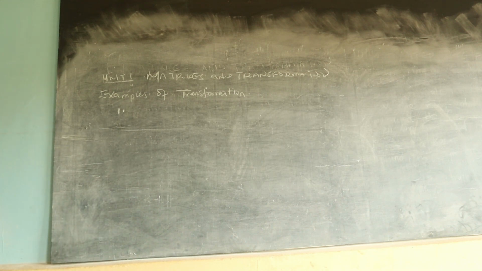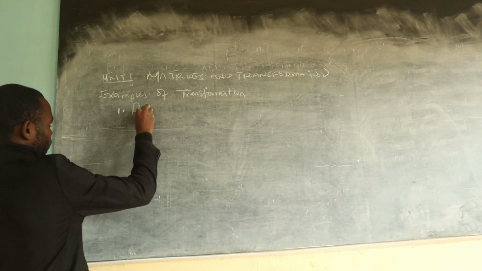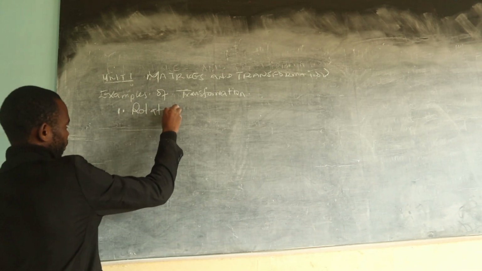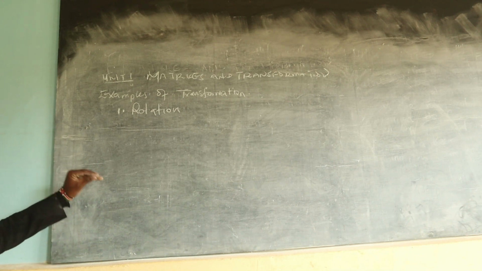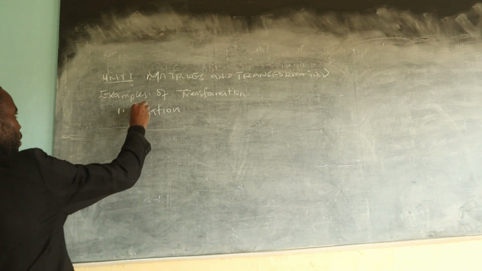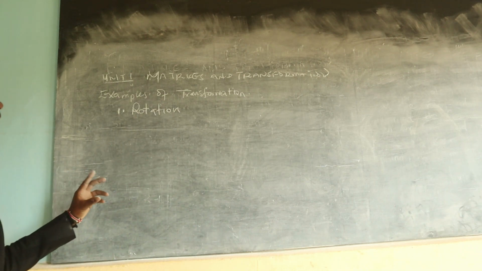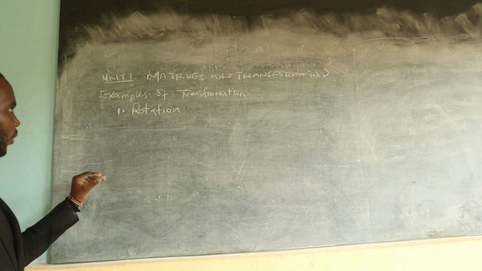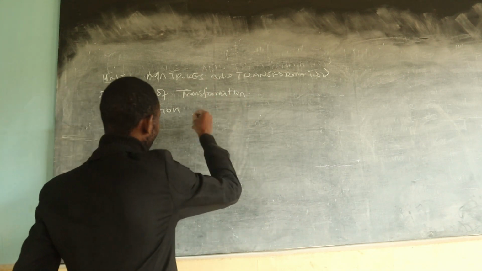Number 1, it must have gone through rotation. So if an image undergoes rotation, we are saying that it has undergone transformation.